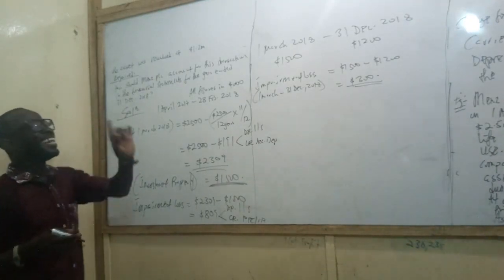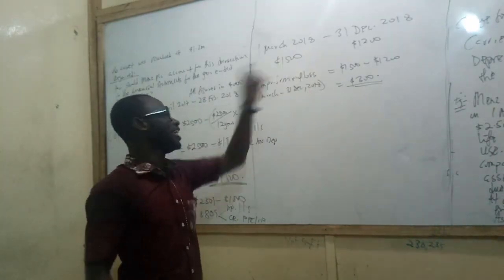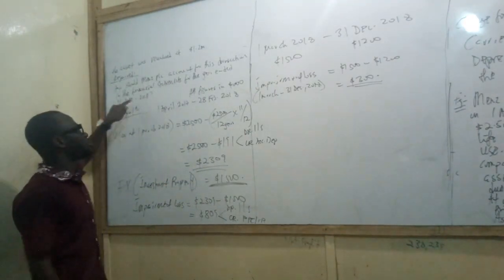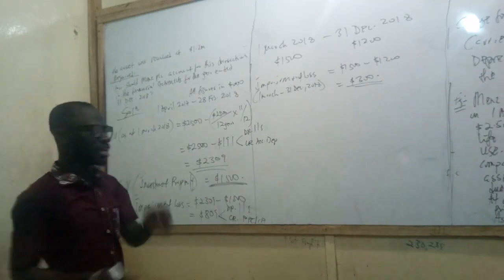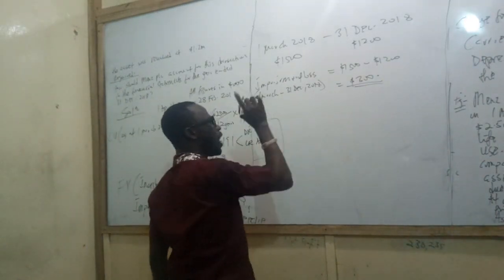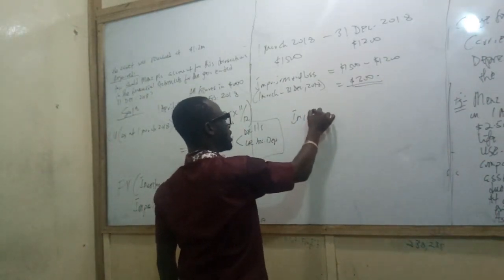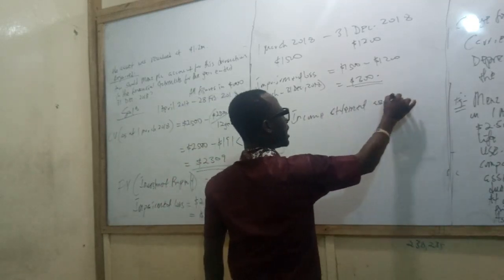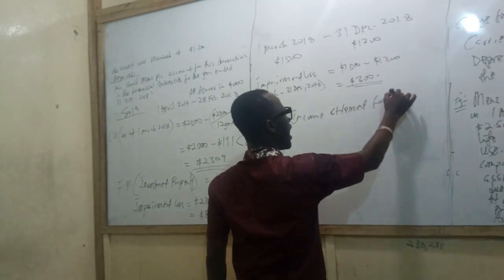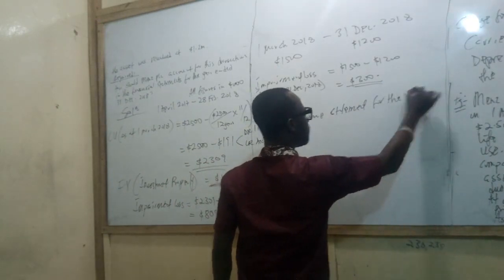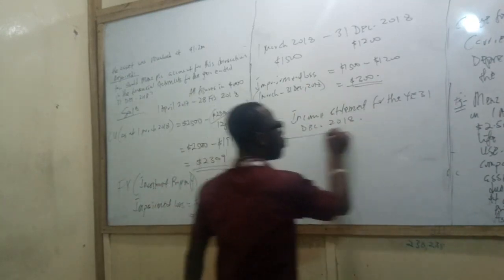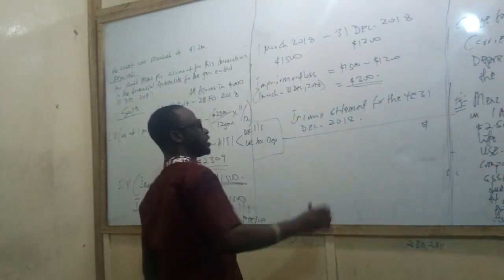Now, it did not say account. It says how should it be accounted for in the financial statement for the year ended. So look at it. One, we are going to prepare the income statement extract for the year ended 31st December 2018. What do you think will come in the income statement?